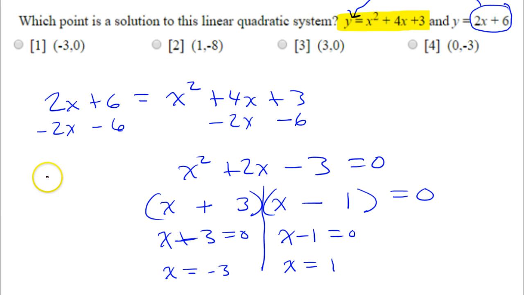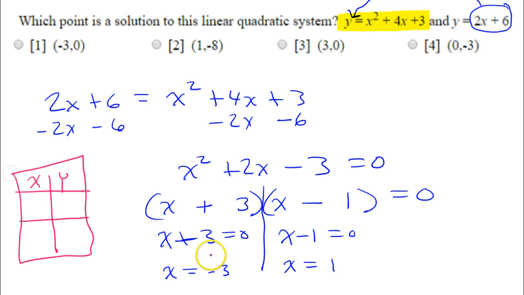I like to make a table of values whenever I solve a system to help focus my brain. So I have these x values right now, negative 3 and 1, but I need the y values to go with them. I can either use my calculator or do it by hand.